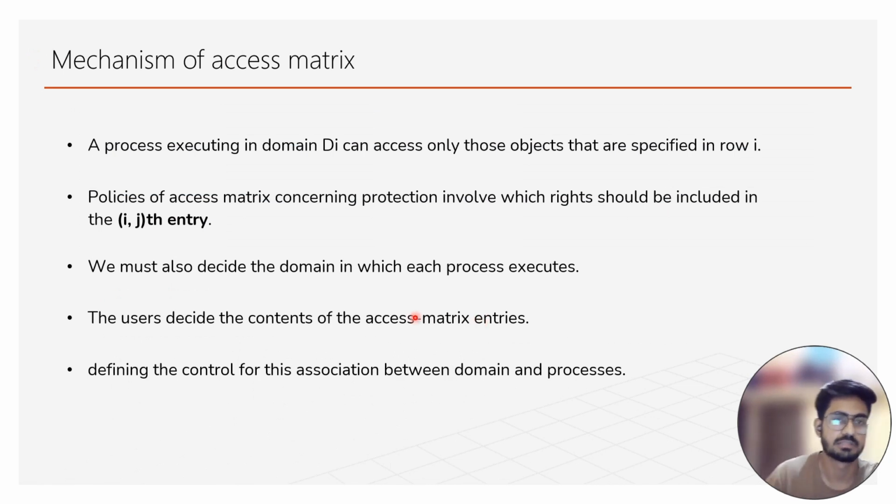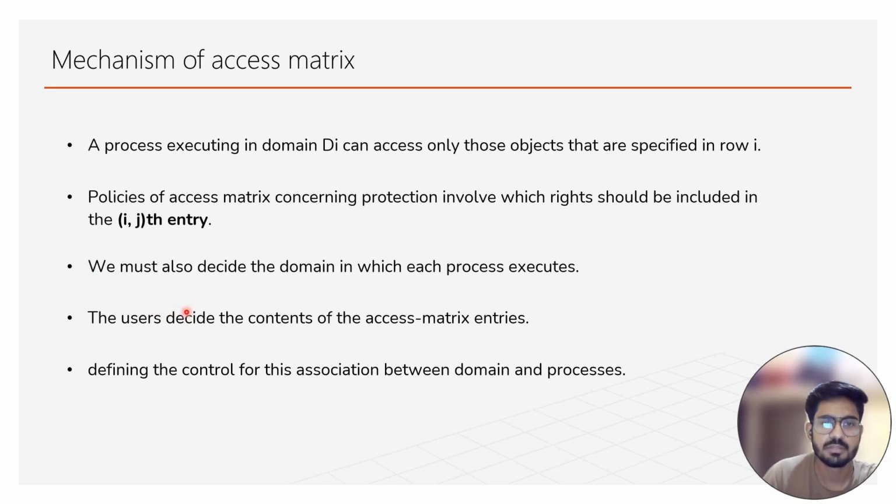Mechanism of the access matrix: a process executing in domain Di can access only those objects that are specified in row i. As I said previously, the domain is traversed like a row, as you can see. Policies of the access matrix concern protection: which rights should be included in the ij entry.